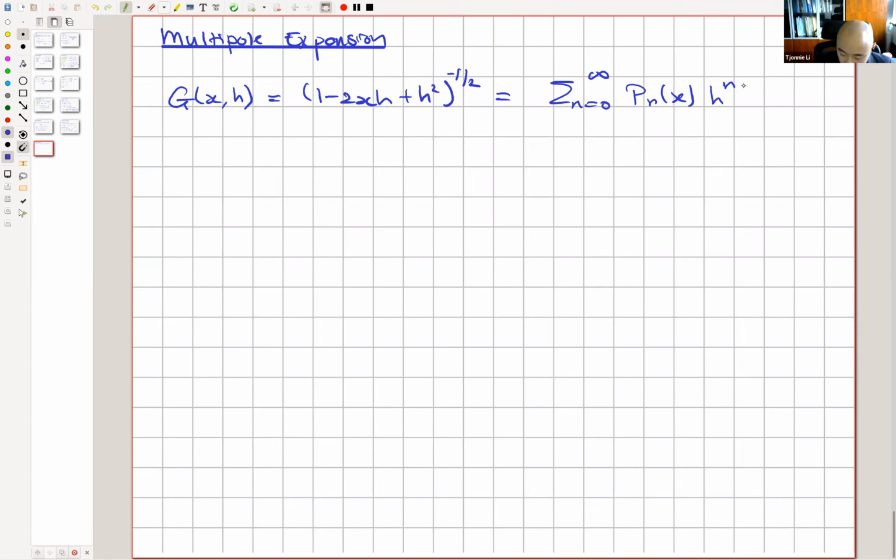That's our starting point. Now let's do the first step. First step is, let's say we differentiate both sides with respect to x.